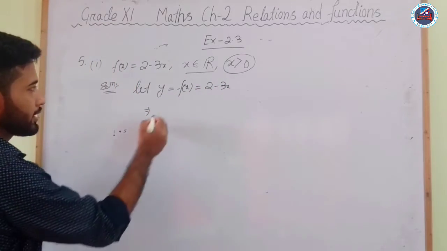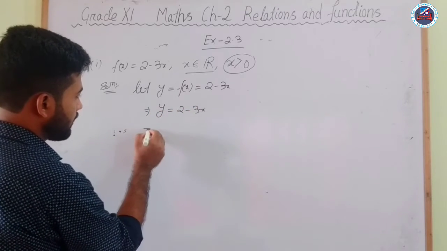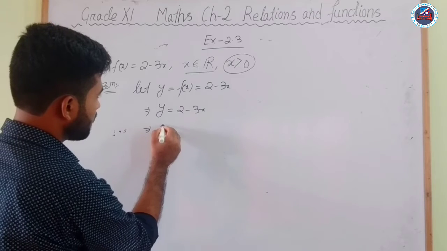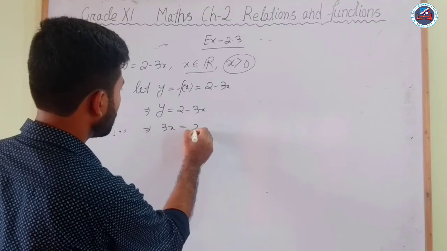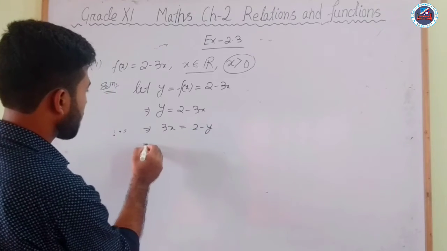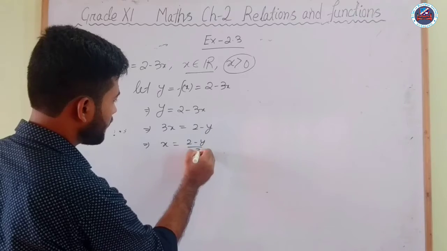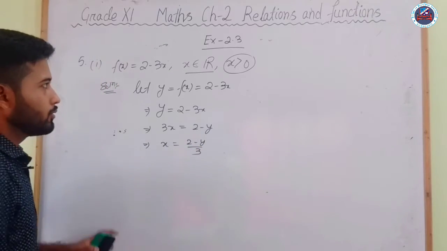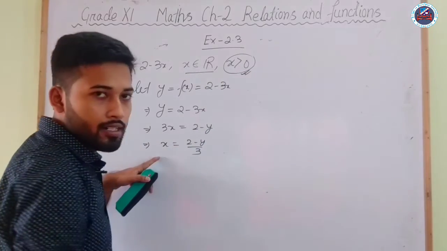Now this can be written as y is equal to 2 minus thrice x, and this can be written as thrice x is equal to 2 minus y, and from here I can write x is equal to 2 minus y divided by 3. Now according to the question, it is given that x is greater than 0.